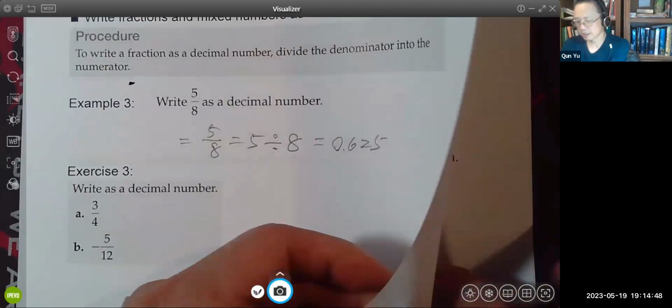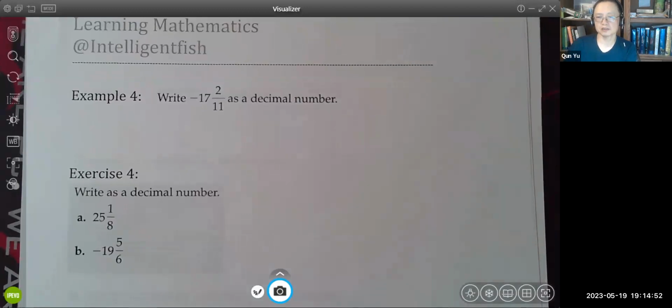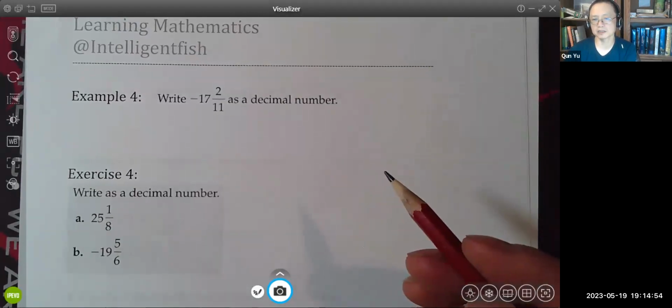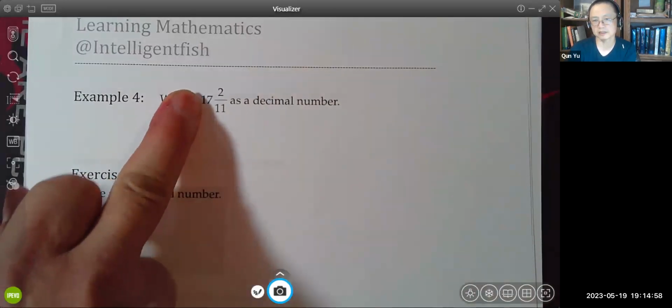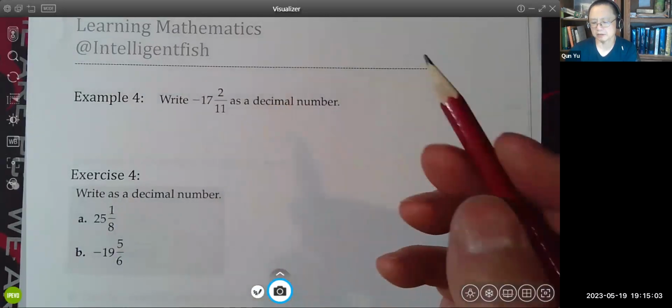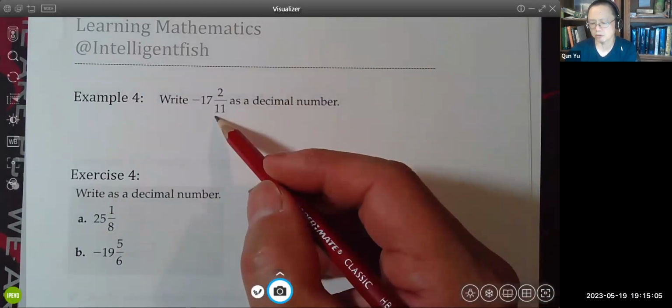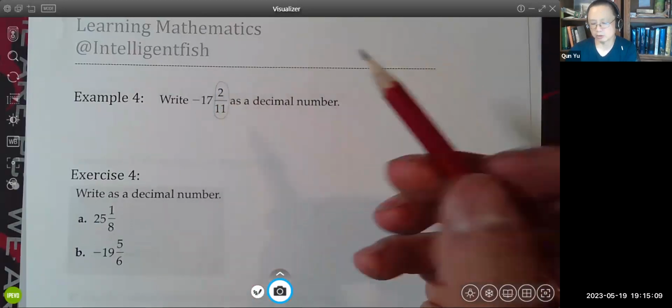Now move on to the next page. Now we're going to convert this negative mixed number into a decimal. So this negative sign is for the whole thing, okay? It's not just for 17. So when we convert a mixed number into a decimal, all we need is to convert the fractional part into a decimal part.